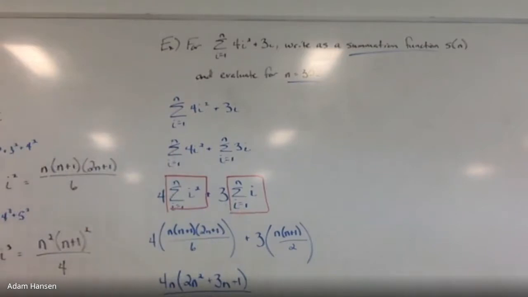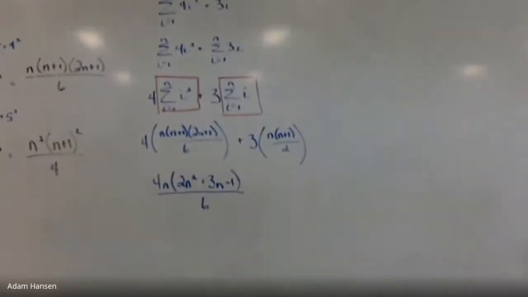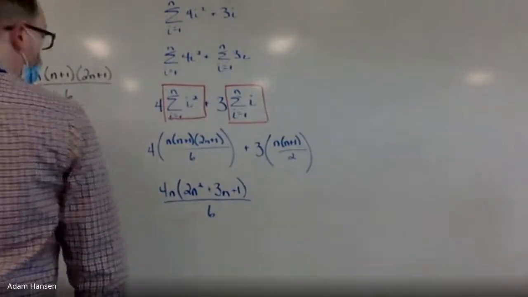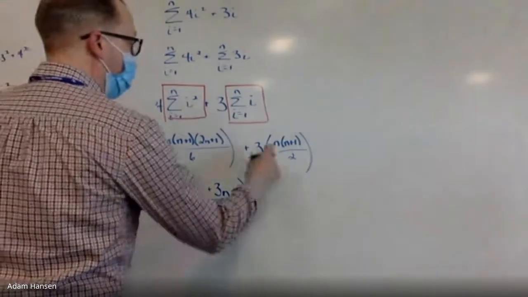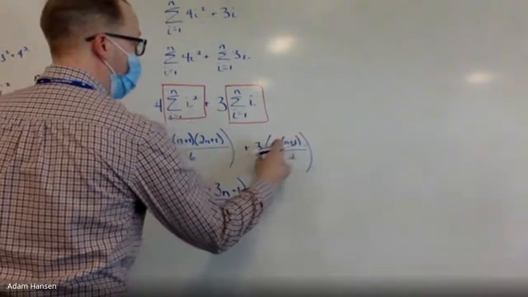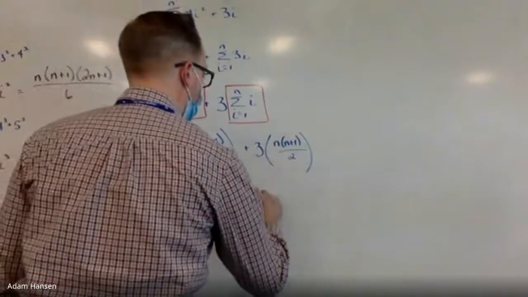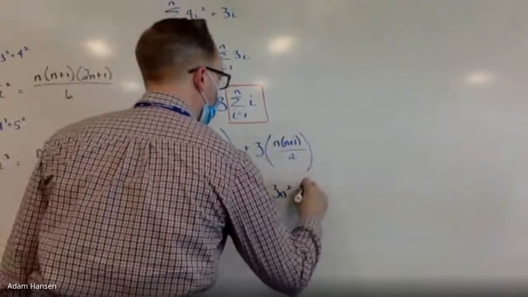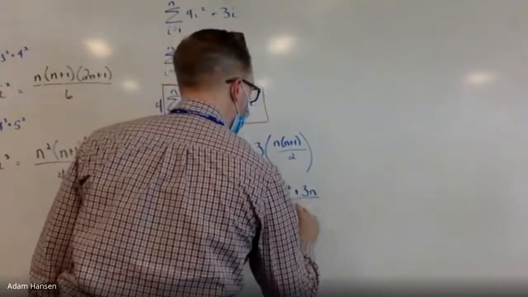I'm trying to simplify this expression for our function that's going to be in terms of n. Let's do the same thing here: 3n times (n plus 1), so 3n times n is 3n squared, 3n times 1 is 3n, over 2.